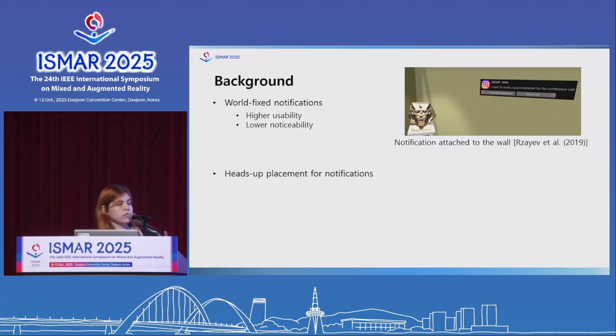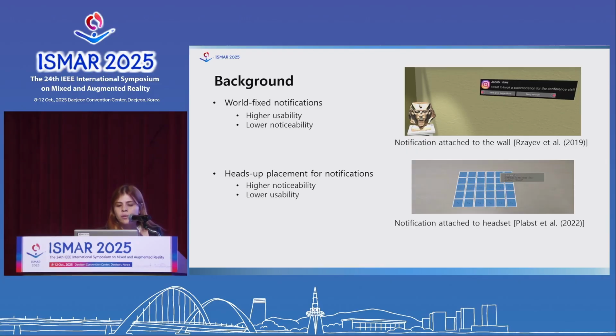Here is a trade-off. World-fixed ones provide better usability, but resulted in higher missed notification counts. On the other hand, headset-placed notifications offer higher noticeability, but they reduce the usability.